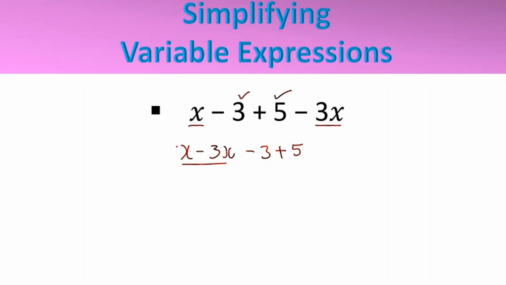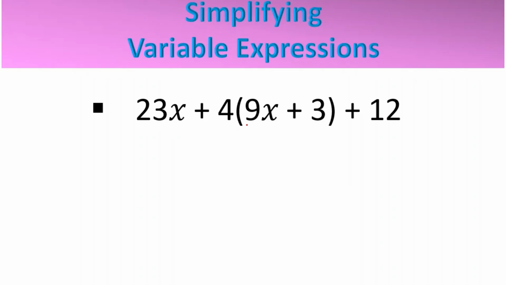Here x minus 3x is also considered as 1x minus 3x. One positive, one negative, we need to subtract with a negative sign. 3 minus 1 gives 2, x comes common. 3 minus 5 is the same as 5 minus 3, which is equal to positive 2. Hence, the simplified expression is negative 2x plus 2.